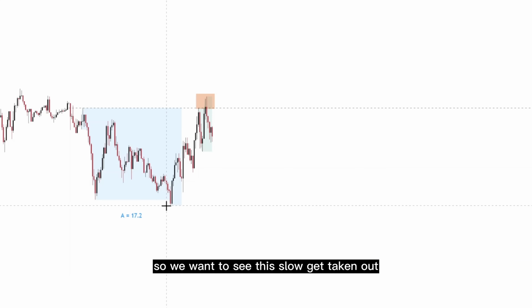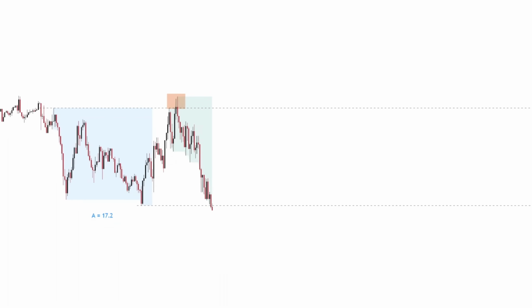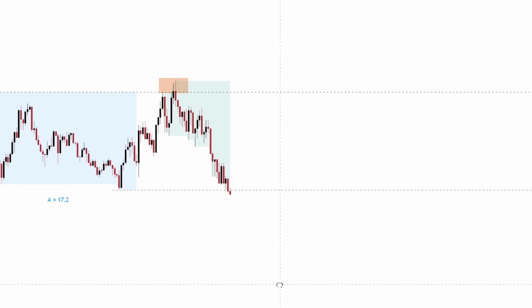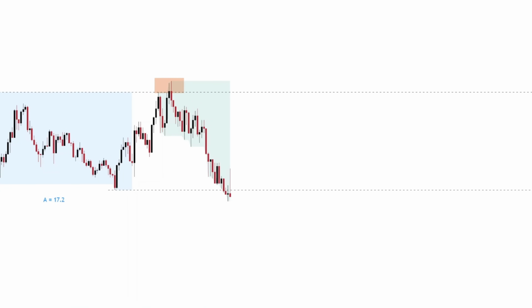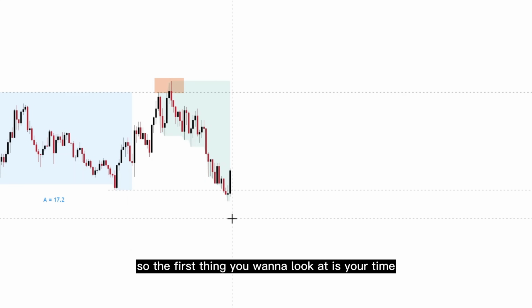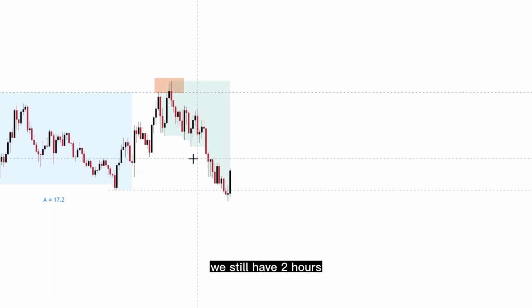So we would want to see this low get taken out. So we have our break of structure. And price came back inside the range. So the first thing you want to look at is your time. It's 5:45, so it's still not New York open. We still have 2 hours.